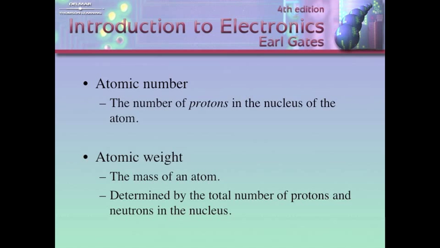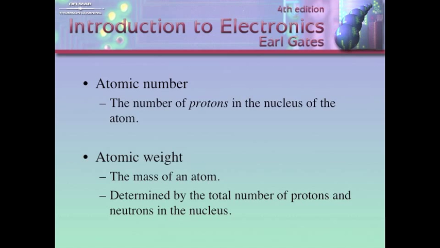So all the scientist has to do is count the number of protons, and if you count 13, it's got an atomic number of 13. If you count 14, it's got an atomic number of 14. Because no two different elements can have the same number of protons. They have to be different. That's how elements get their number on the periodic table. There's no repetition.